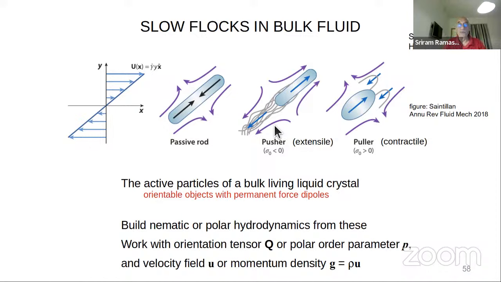That strength is how strongly it's pushing or pulling along its axis. And so there's a magnitude, a sign, and an axis. All of those are there. But at the level of collective modeling, that will be subsumed in one coefficient, which relates the orientation to the stress. Got it.